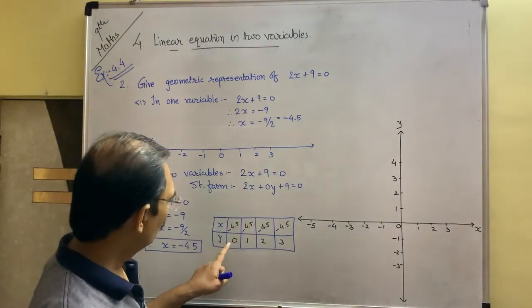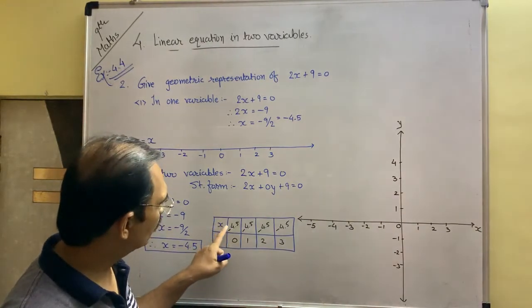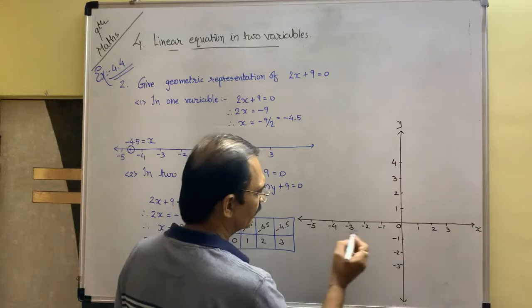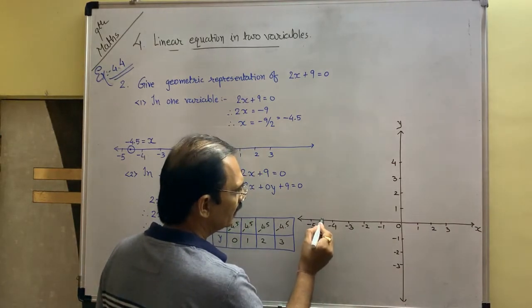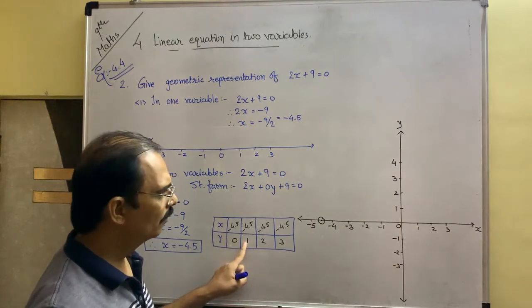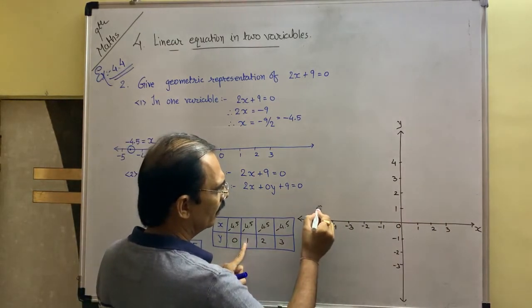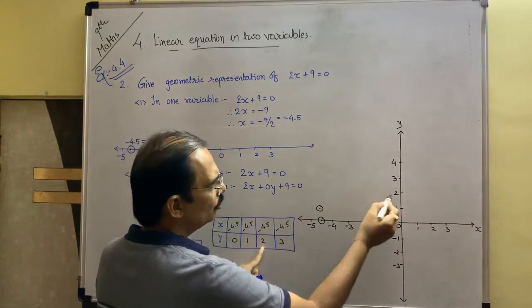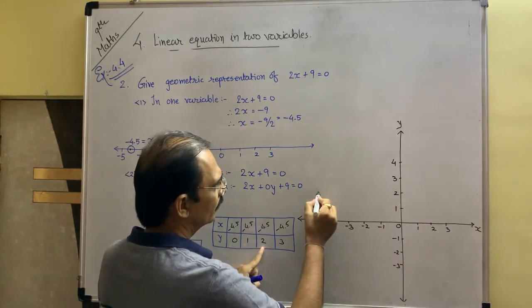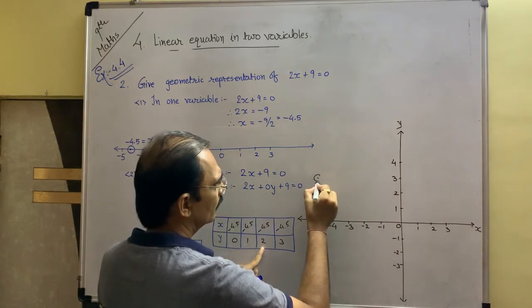Okay, y is 0, don't worry about this, only take x equal to minus 4.5 on the x-axis. Minus 4.5 is exactly in between minus 4 and minus 5. Y is 1 here and x is minus 4.5. Y is 2, again x is the same. Y is 3, again x is the same.